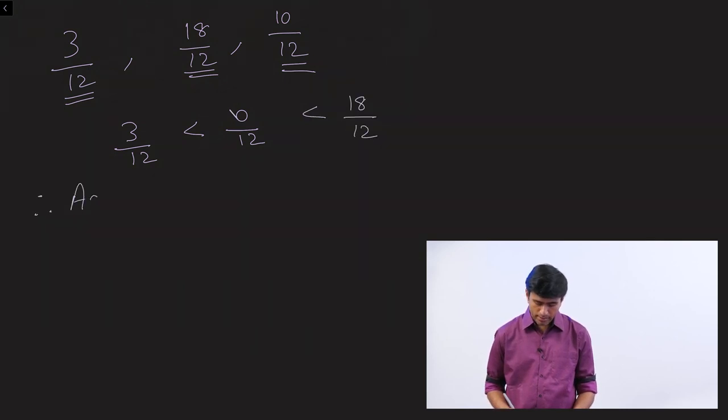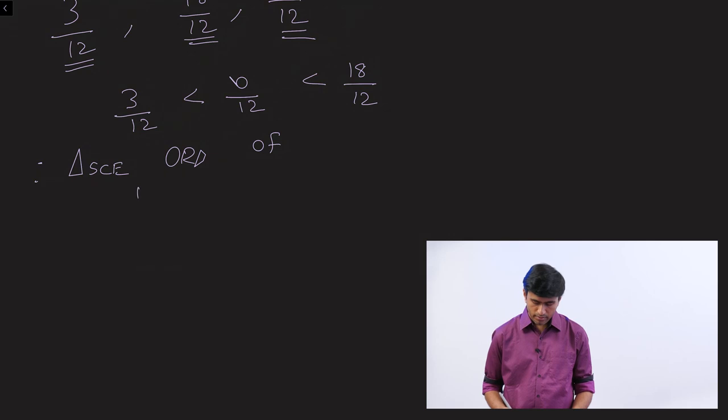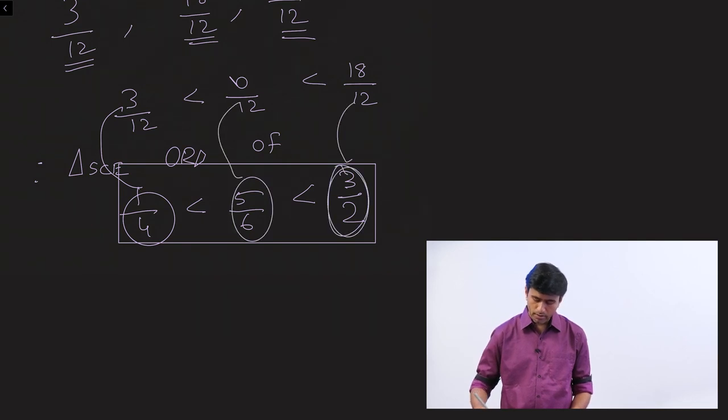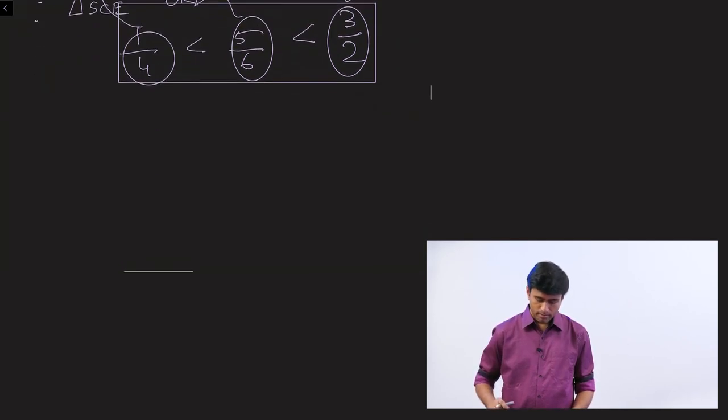Therefore, ascending order of the given fractions is 1 by 4 is less than 5 by 6 is less than 3 by 2, because 1 by 4 corresponds to this, 5 by 6 is this, 3 by 2 is this. This is how you can compare fractions that do not have the same numerator and denominator.